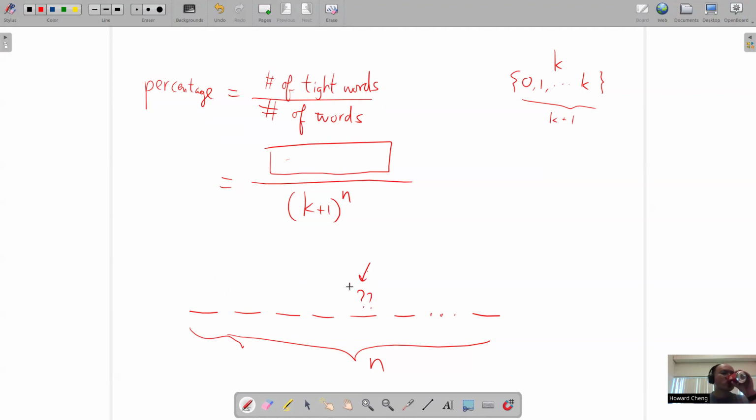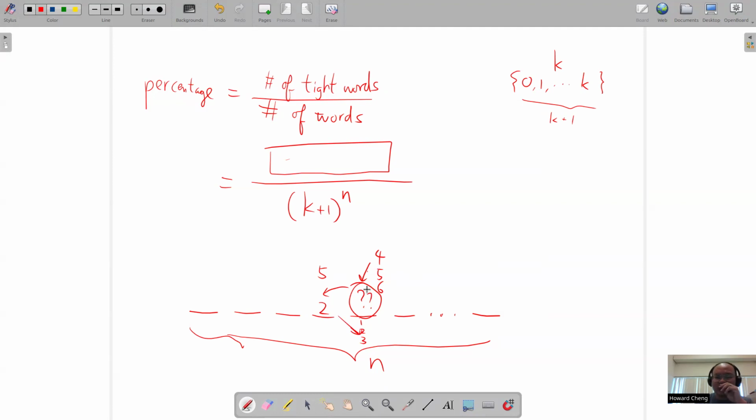Well, you cannot just choose anything. You can choose something based on what's chosen before, right? If this is chosen as a 5, then the next one can only be 4, 5, or 6. You cannot choose 3 because that's too far apart. But if this is 2, then you can choose 1, 2, and 3.